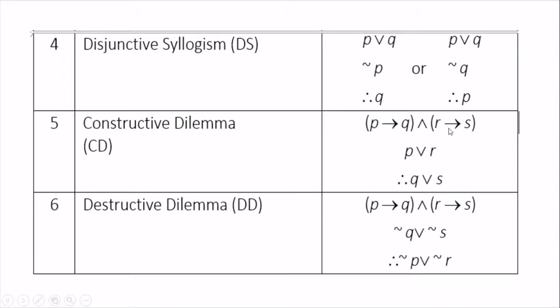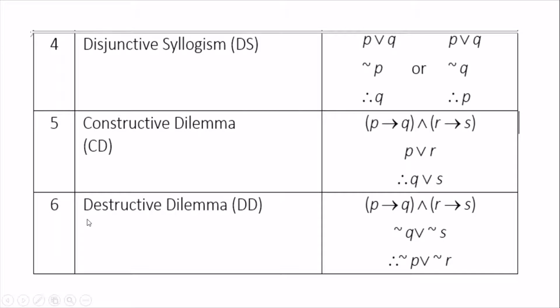Now, if we have this form of two premises, then we can infer or arrive at a conclusion that it must be Q or S. So, kunin naman natin ngayon yung dalawang consequence. Since yung ginamit dun sa second premise natin is both the antecedents, then we can arrive at a conclusion using the two consequences. That's constructive dilemma.